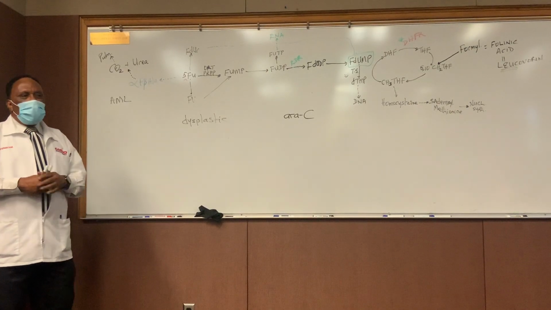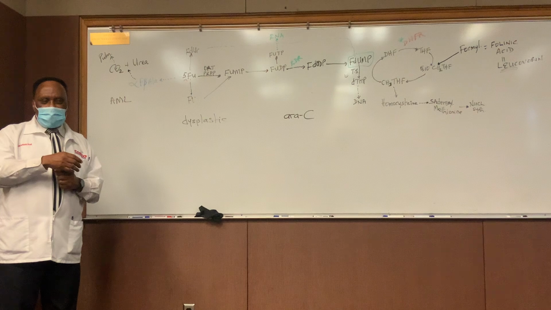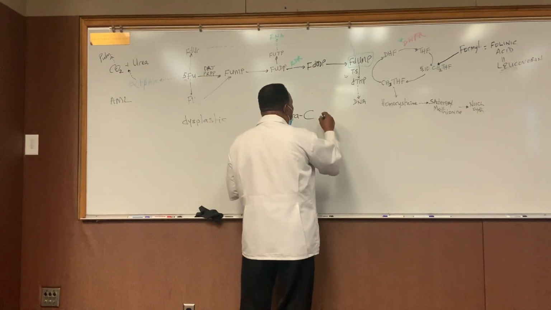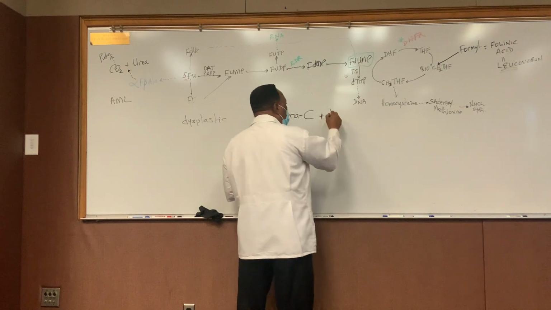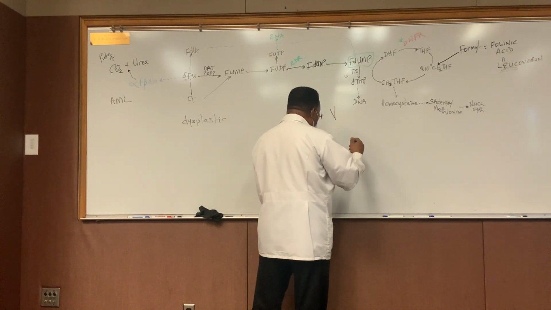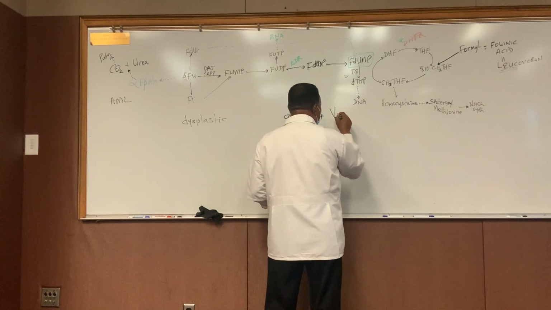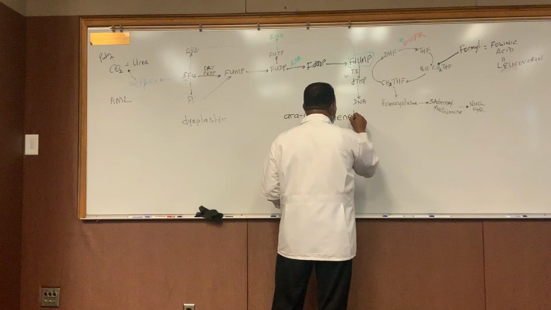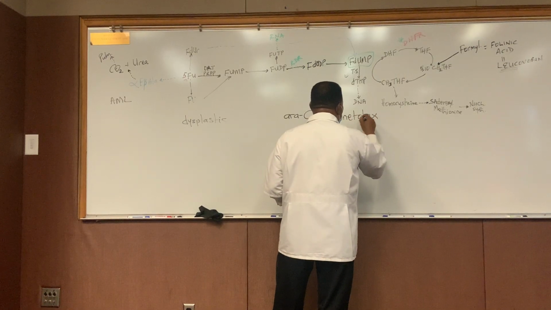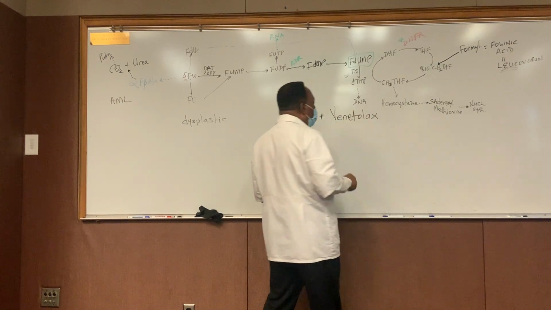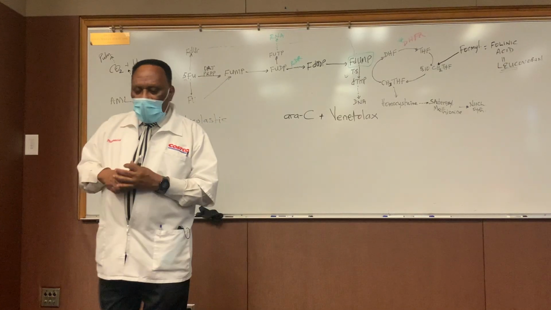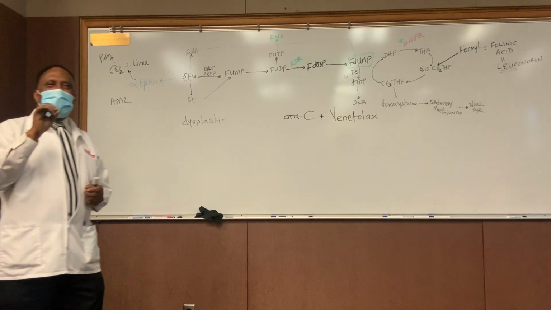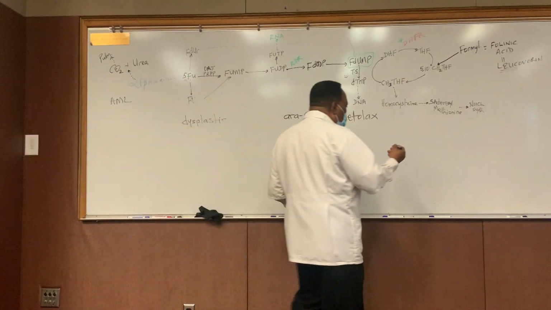You can also use that ARA-C and combine it with your venetoclax. Okay. Venetoclax is a compound that inhibits BCL2.